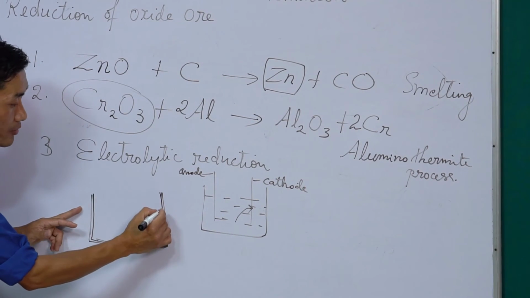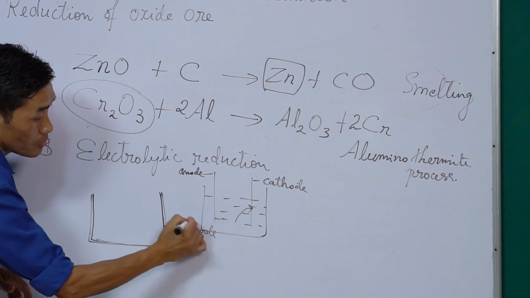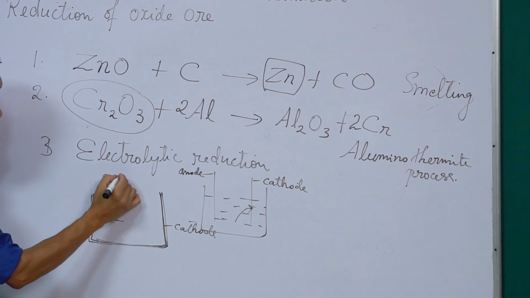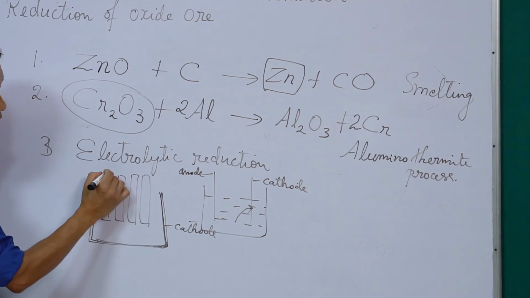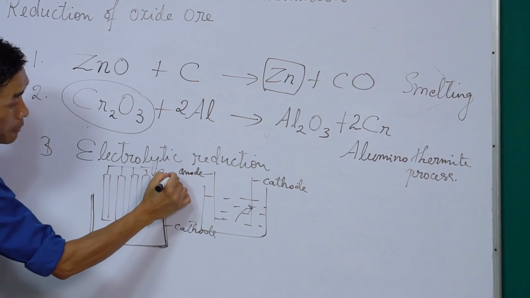Now, this lining of carbon acts as the cathode, and we have a series of rods of carbon or graphite which are joined together and act as the anode.